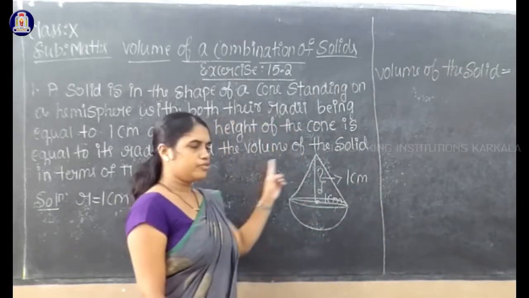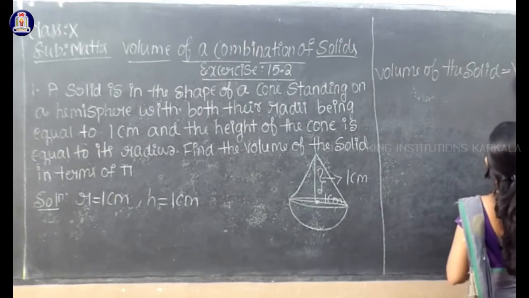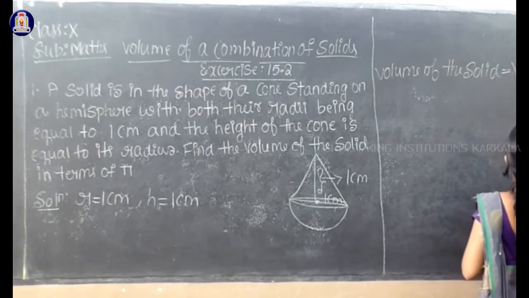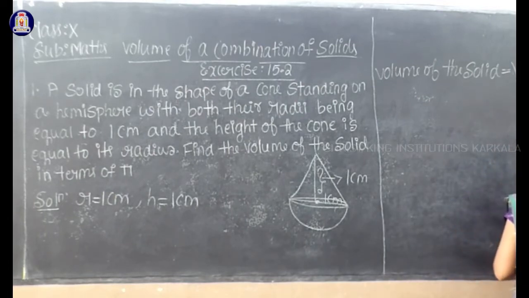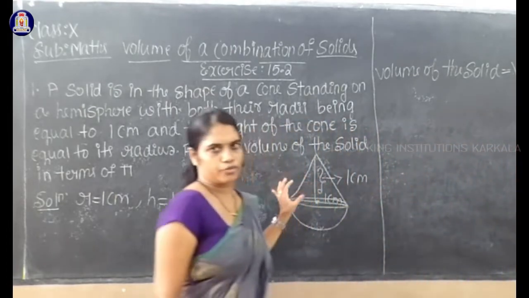This volume of the solid is given by volume of hemisphere plus volume of cone. Okay, volume of the hemisphere plus volume of the cone.